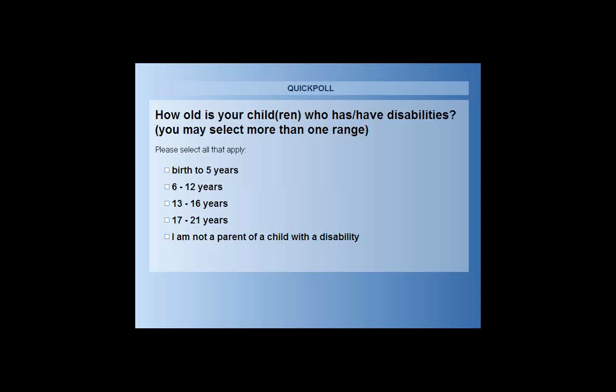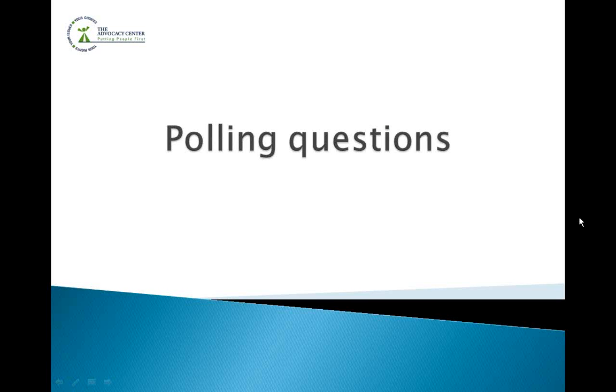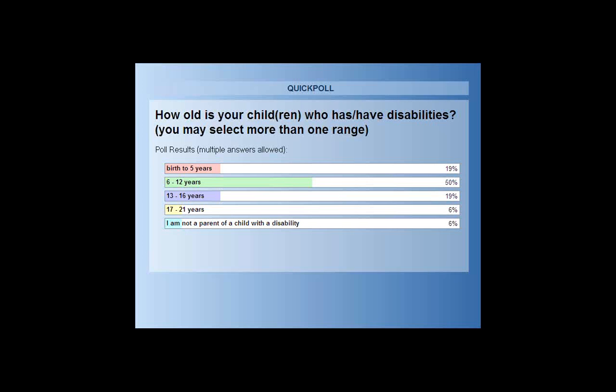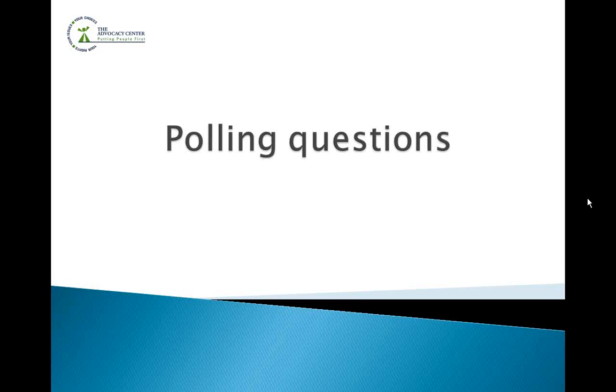Oh, we have a good variety of this as well, so we may be getting questions on a variety of different topics based on this age range that I'm seeing. So I'm going to share those results, and you can see that we have parents of children in almost every age range there.